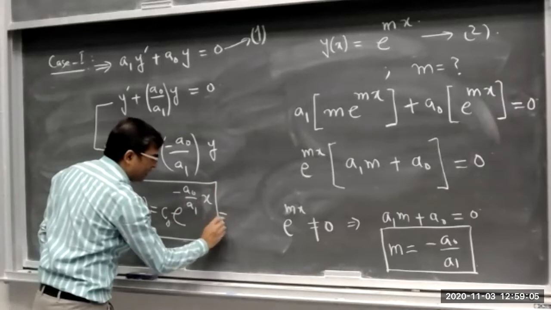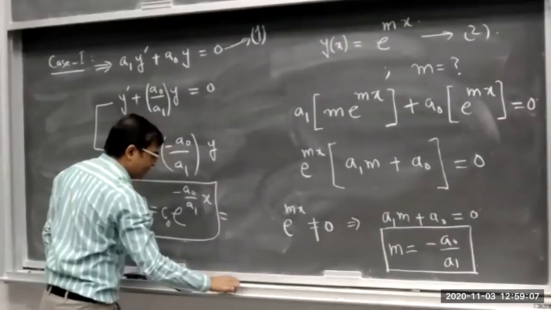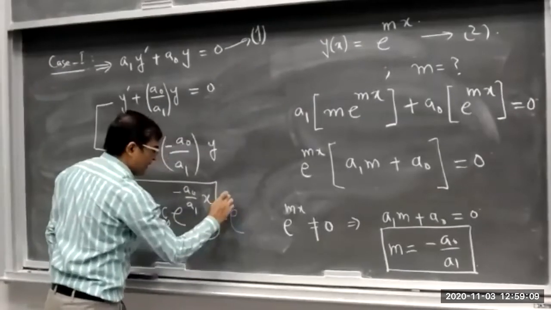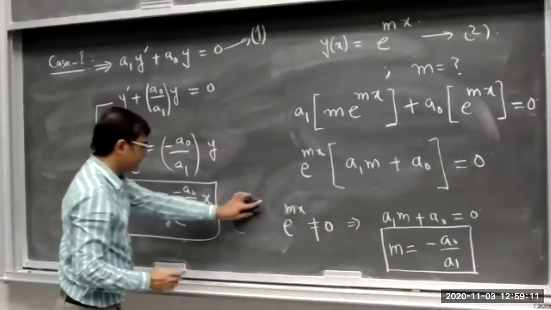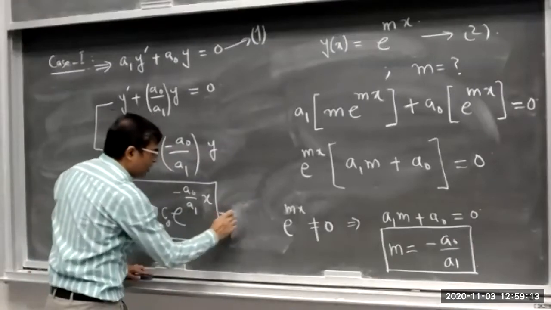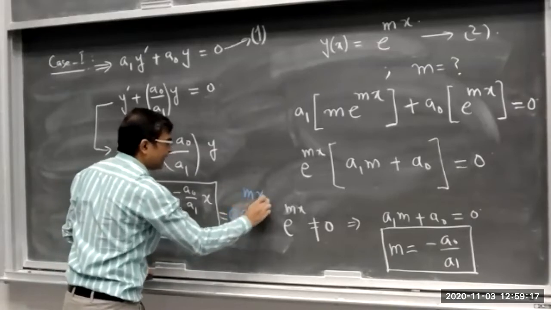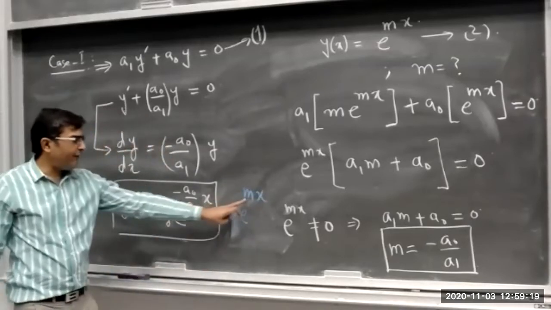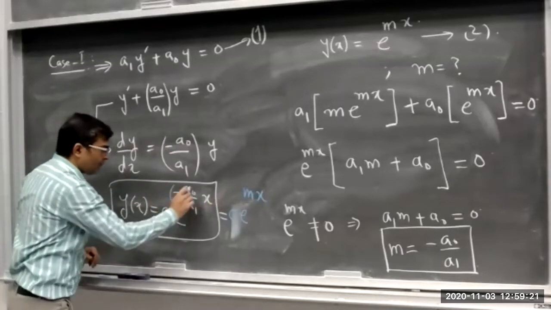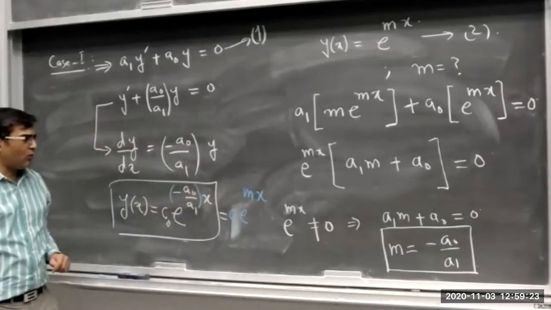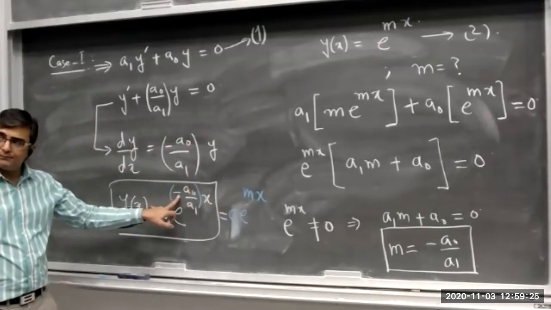It is basically c naught e raised power mx, where the value of m is what? This is negative a naught over a1.